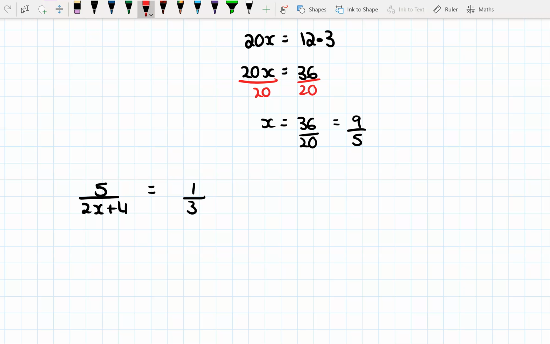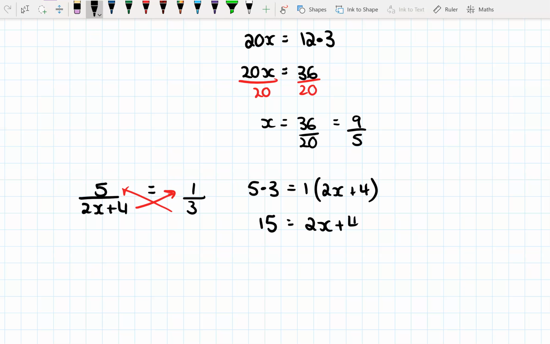Firstly, again, we start by cross multiplying. Then we're going to get 5 times 3 is equal to 1 times, and always use brackets here, 2x plus 4. It's important that you write the brackets. Some people like to just not write them, but then still do it correctly after that, but you're not actually doing the correct thing. You must show those brackets when you're writing these out. So we have 15 is equal to 2x plus 4.